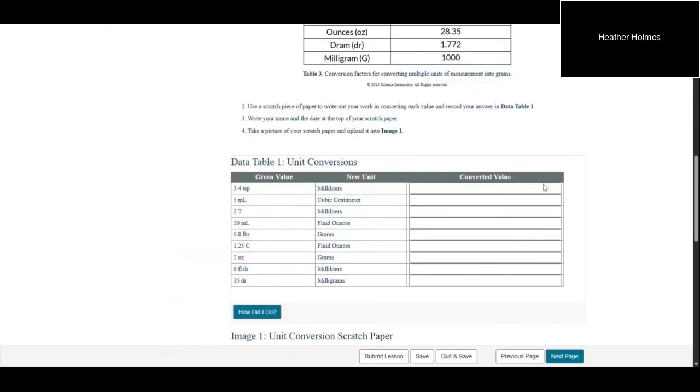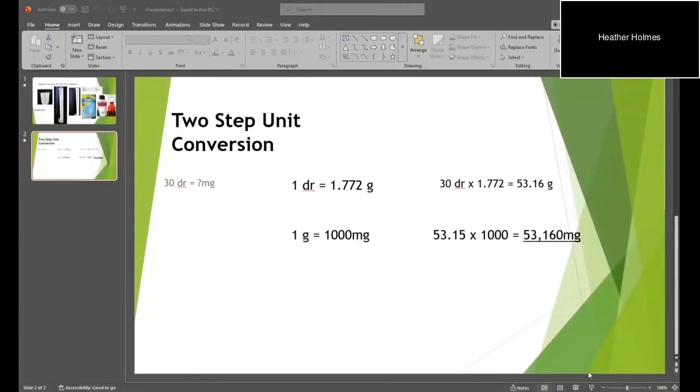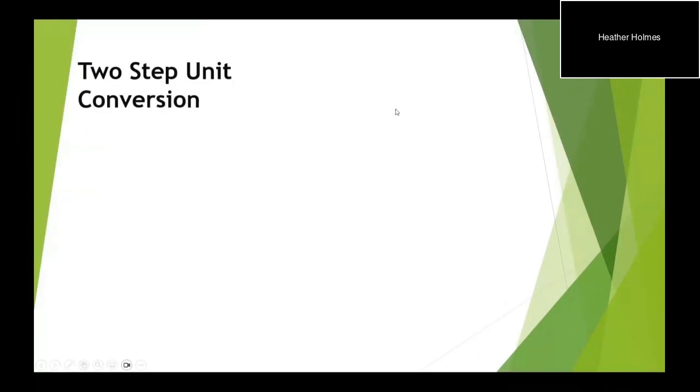So I do want to give you an example of a 2-step process as an example, because I know a lot of students struggle with that as well. For the 2-step unit conversions, I made an example of 30 DR, and we want to figure out how many milligrams.